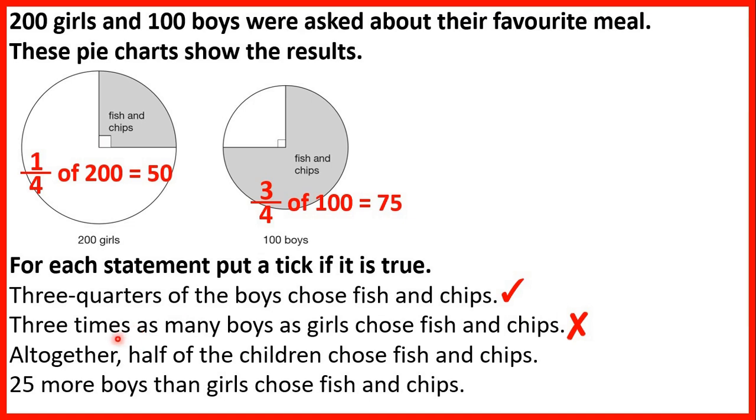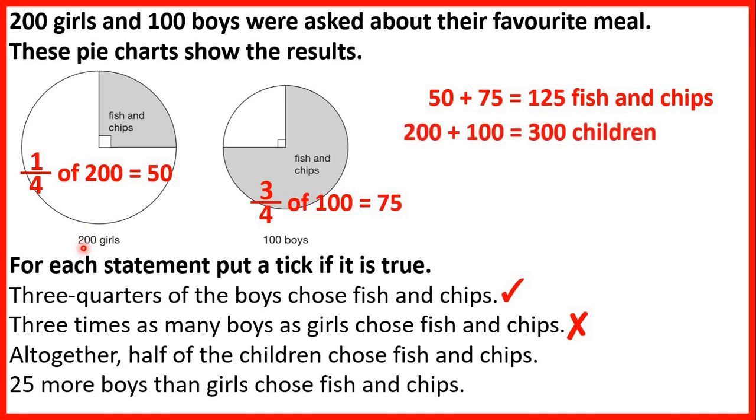And it can be confusing. Boys are 3 times more likely to choose fish and chips, but that does not mean 3 times as many boys as girls chose fish and chips. Altogether, half of the children chose fish and chips. Well, we know that 50 girls and 75 boys chose fish and chips, so that means 125 children altogether chose fish and chips. But how many children were there?